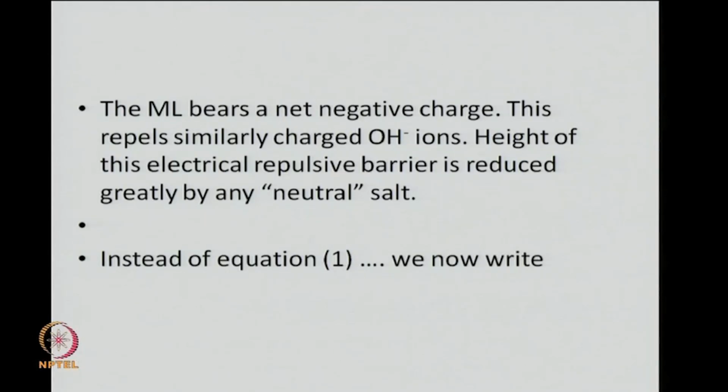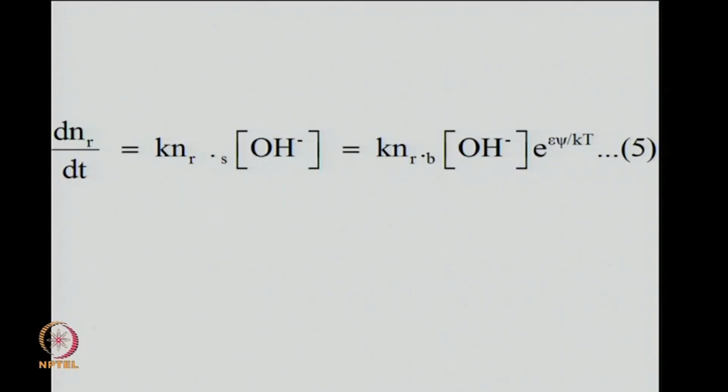So, we need to write instead of equation 1 the following one: dNr by dt is equal to k Nr SOH minus, where k is the rate constant, Nr is the surface concentration of reactive molecules, and SOH minus is the surface concentration of hydroxide ions, which we substitute by BOH minus exponential epsilon psi by kT.